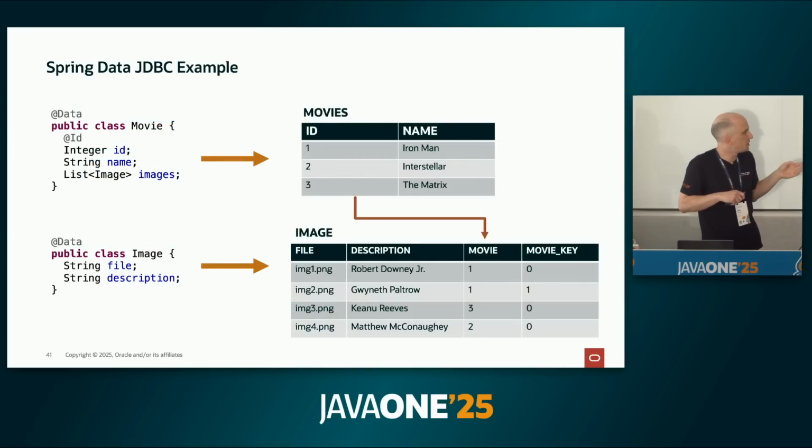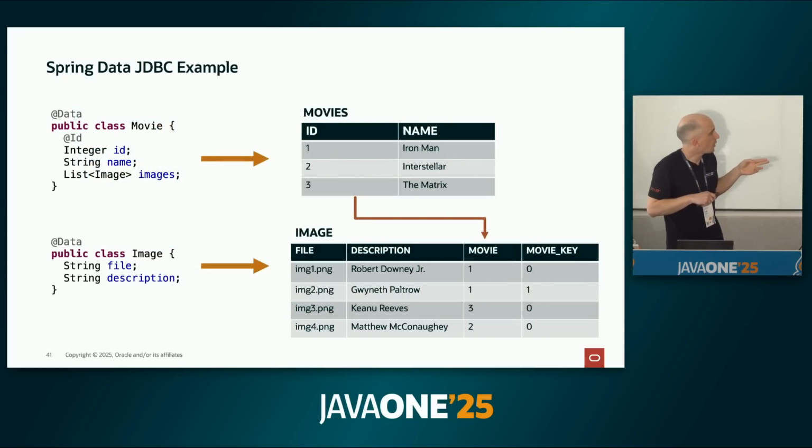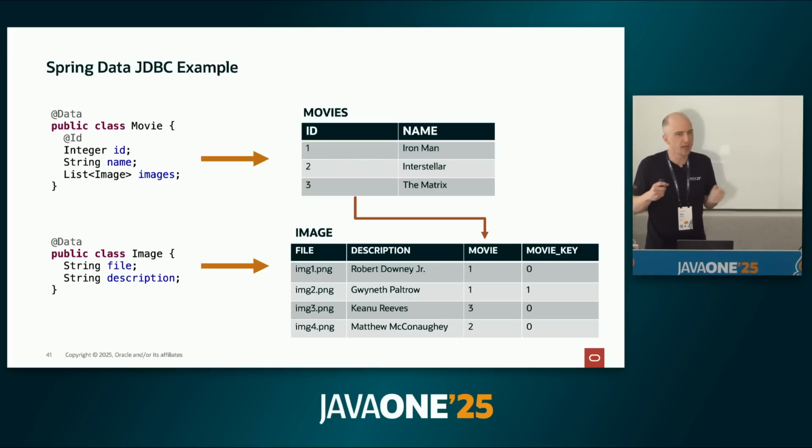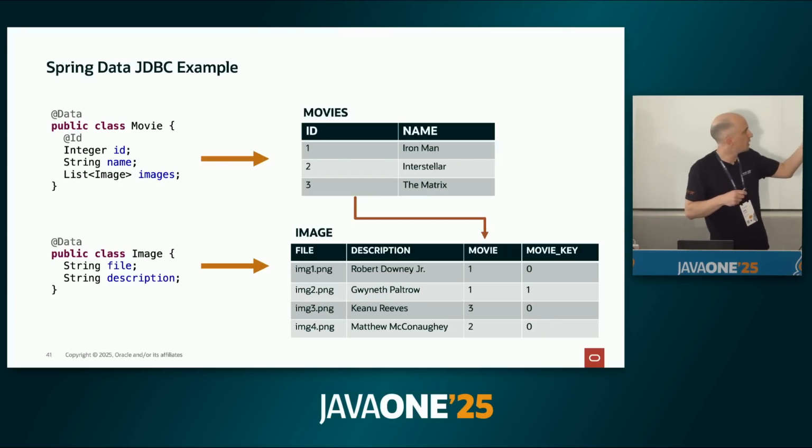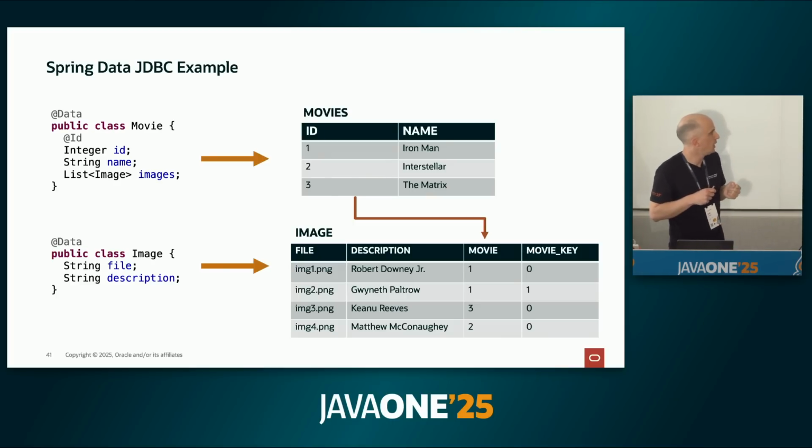So with Spring Data JDBC, let's say that I have a movie and some images for that movie, and I'm going to define that as my aggregate. By default, what you would have to do is create a table to store the movie objects, and then also create a separate table to contain the images.